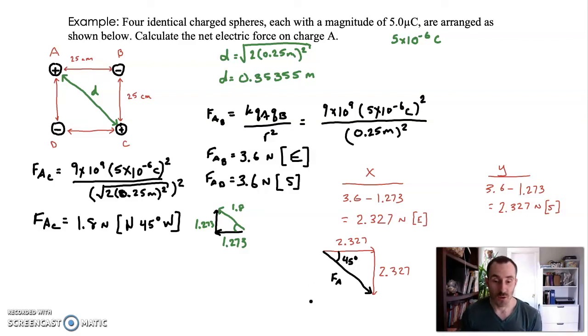So we're going to do a squared plus b squared equals c squared to figure out F_A. So the force on A, total force, is equal to the square root of 2.327 squared plus 2.327 squared. So 2 times 2.327 squared.